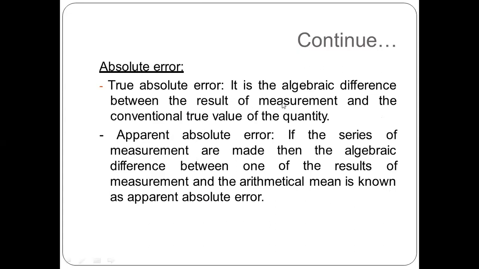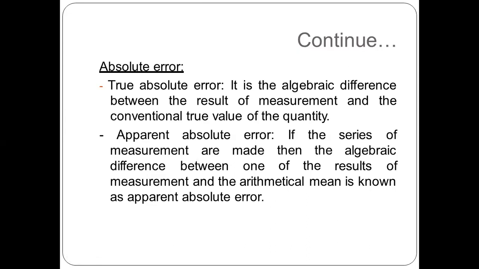Means if we take a single reading, then the algebraic difference between the true value and the measured value is the absolute error. But for apparent error, we measure a series of 10 to 50 measurements, and any one reading has some difference from the arithmetic mean of all. That is your apparent absolute error.